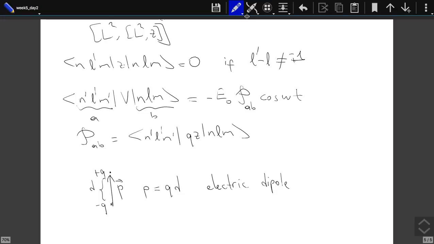So in these systems, we started with a system in an A state, and we are looking for the transition into a B state. And now we started looking at an atom in an external time-dependent, uniform electric field. Now, the phenomena that we would like to discuss are, for example, if we have an atom and we shine light of a suitable frequency, we are able to excite it.